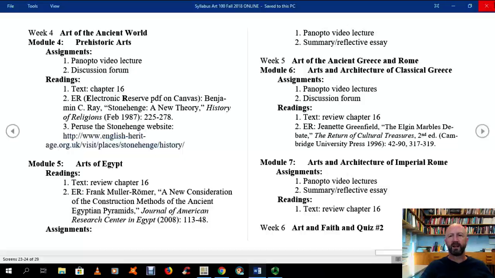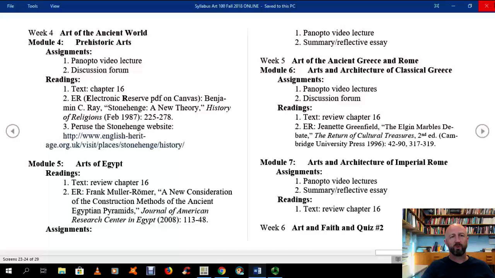Basically, what you're getting is a kind of hors d'oeuvre tray of the various art history courses that you could take at Cascadia or elsewhere that are basically about ancient arts, medieval arts, and Renaissance to modern arts.